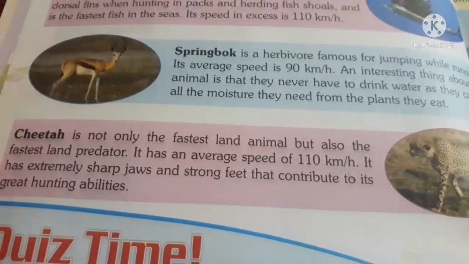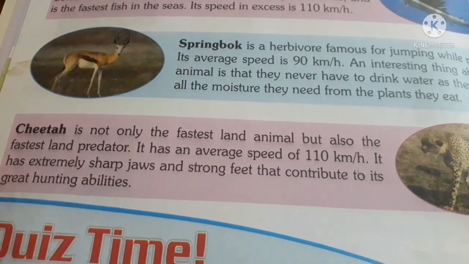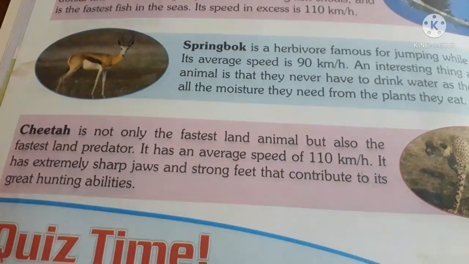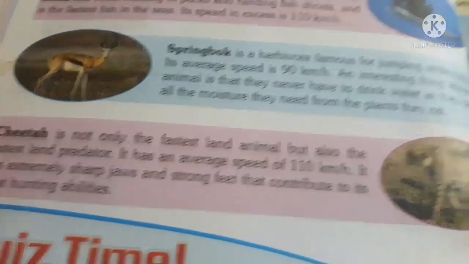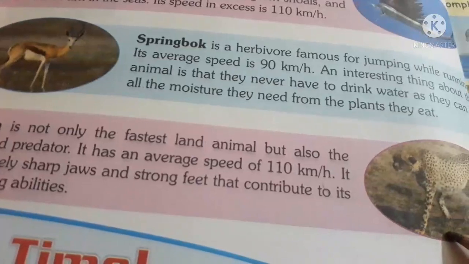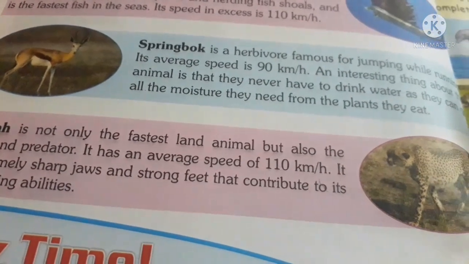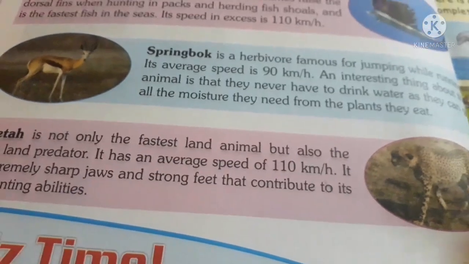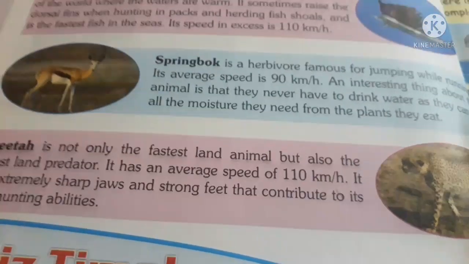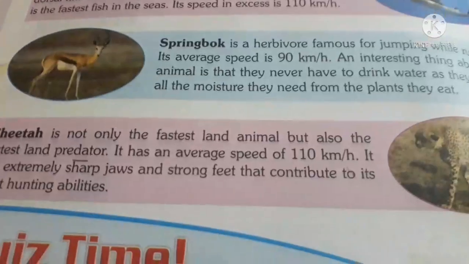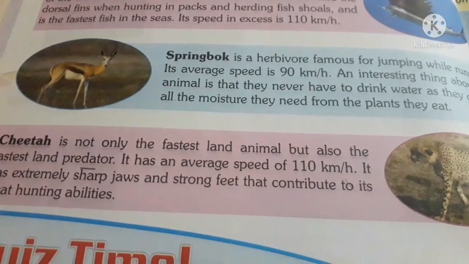Then the third one is a cheetah. It is not only the fastest land animal but also the fastest land predator. Predator means, that is, it will hunt other animals for its food. You can call it a carnivore, but the word predator says it will hunt, but not all carnivores will hunt.